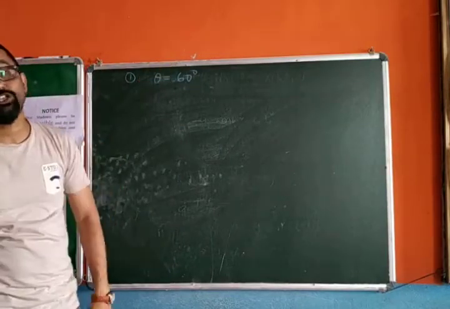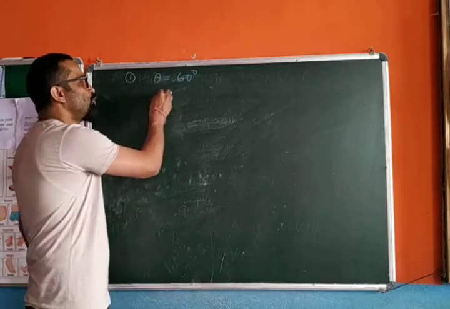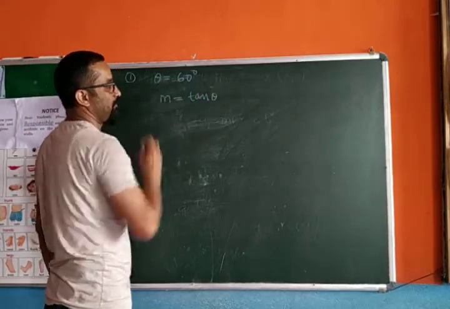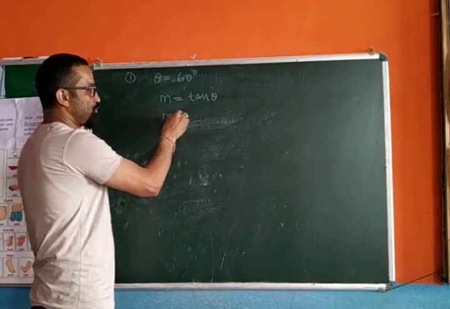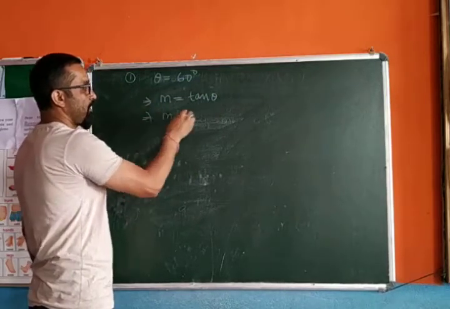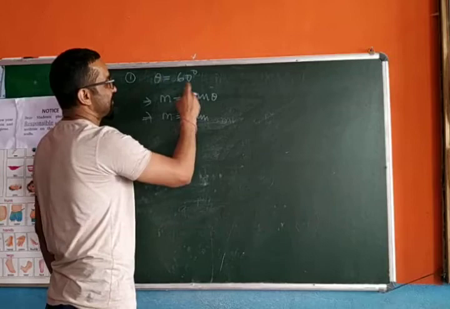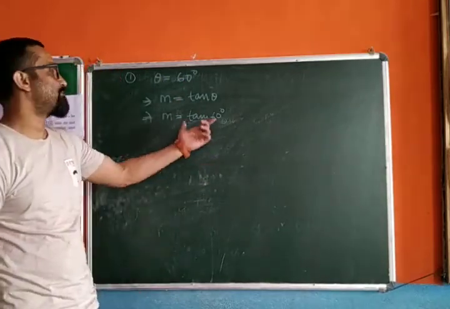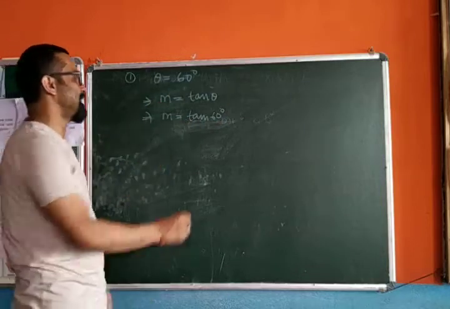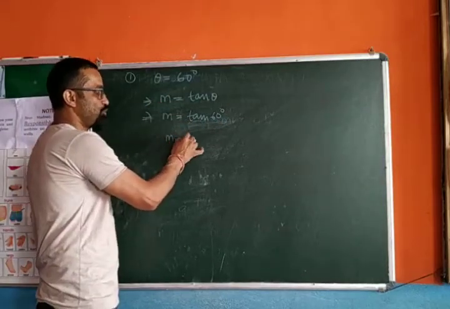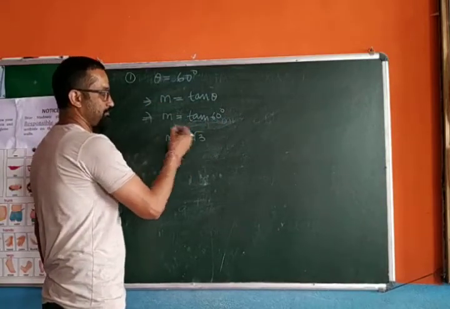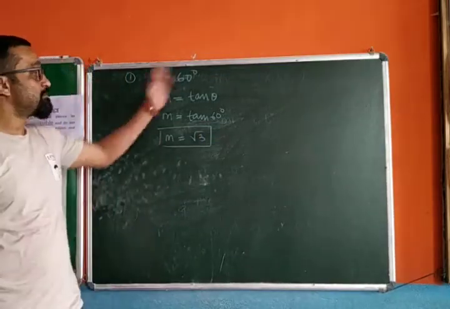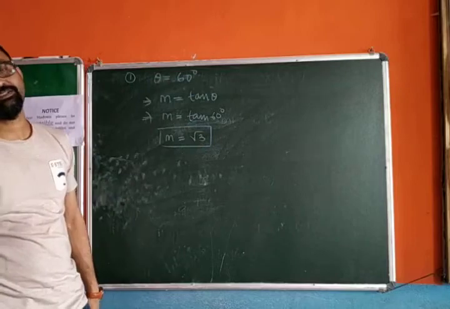You have to find the slope. So we use the formula m equals tan theta. Tan 60 degrees, and with the help of trigonometry, you can write the value. Tan 60 is equal to root 3. This is the slope of the line. Similarly, you can do 45 and 30.